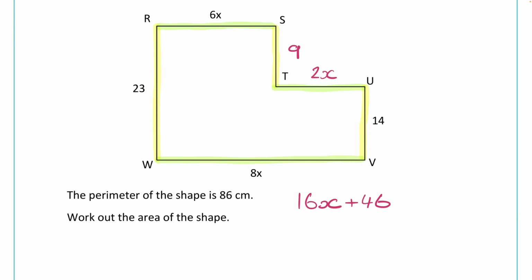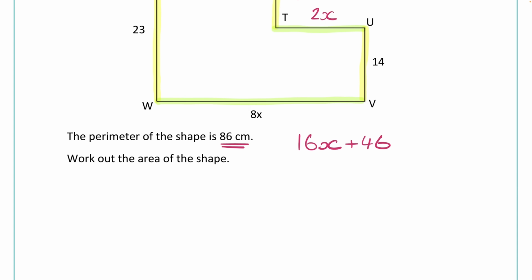But it does tell us the perimeter is equal to 86, and therefore this expression is equal to 86. So from there, we can actually solve this equation and find out the value of x. If we take away 46 from both sides, we get 16x is equal to 40.